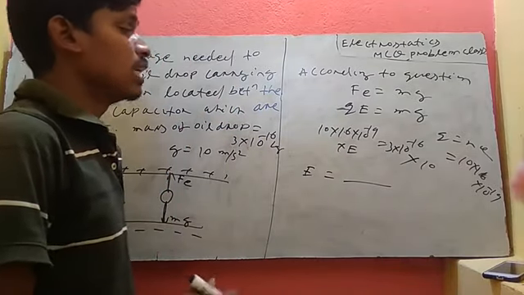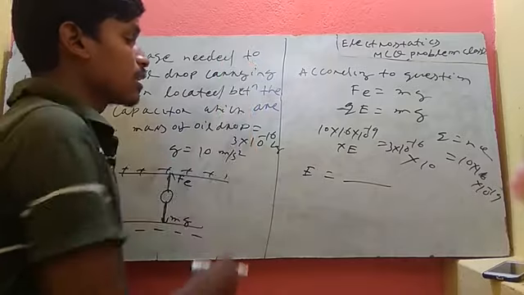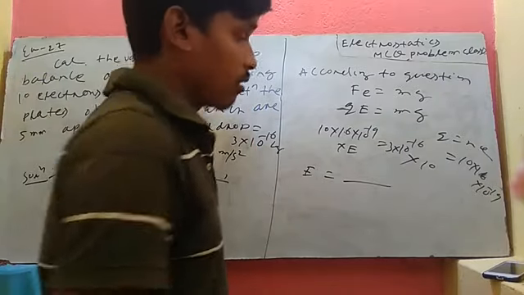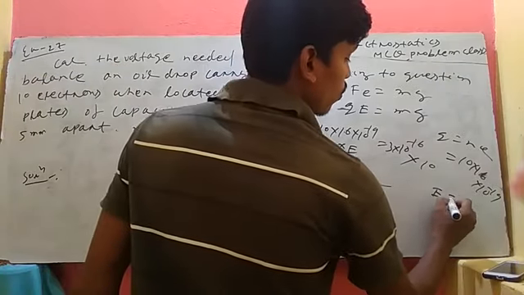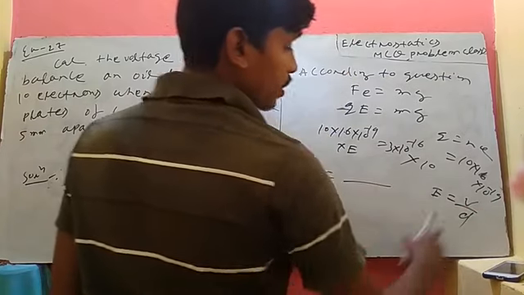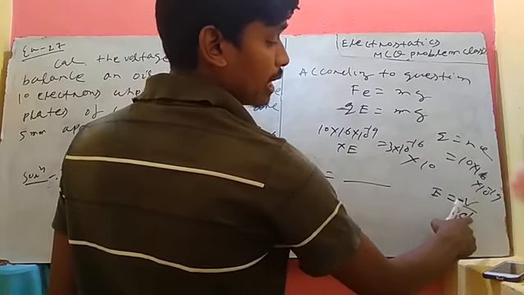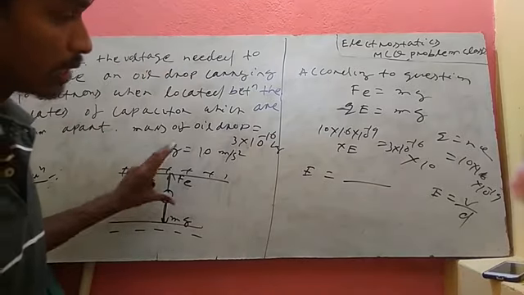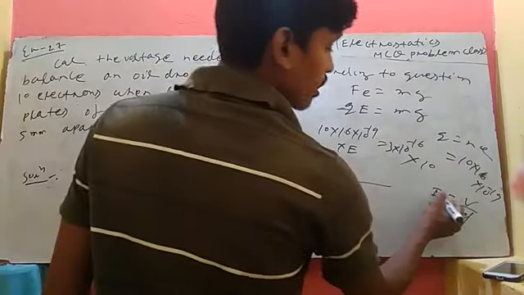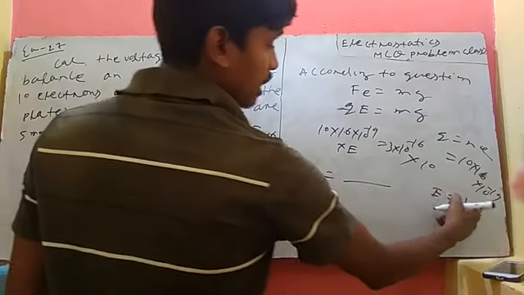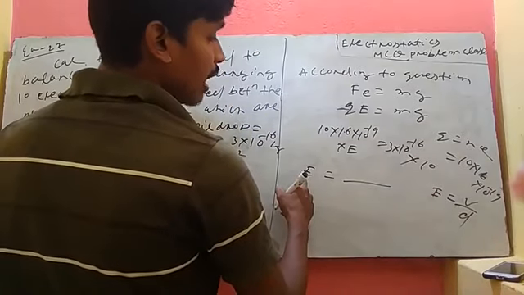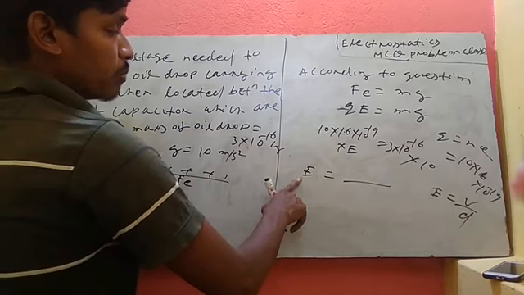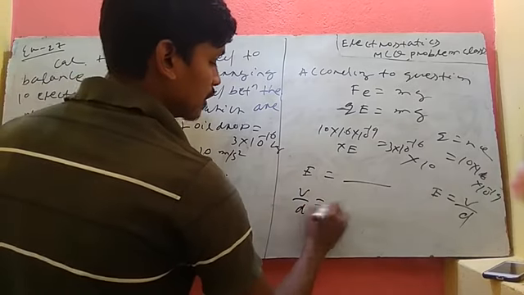But for now in this class just remember that E is equal to V by d, voltage divided by the distance between the two plates, is equal to the electric field, or V is equal to Ed. So instead of E, we can write V by d here.